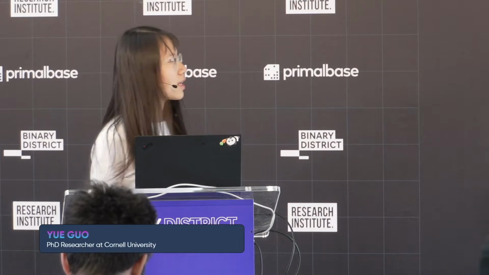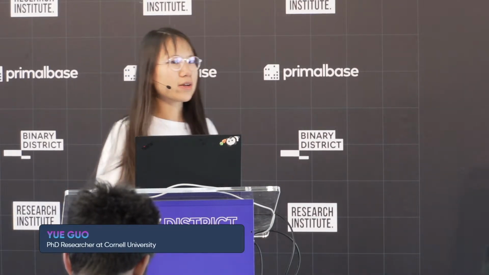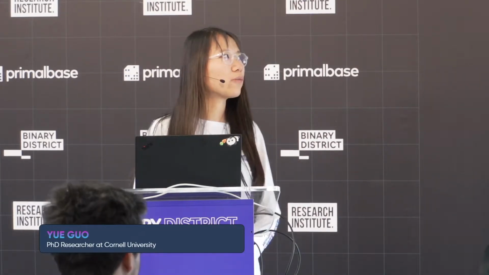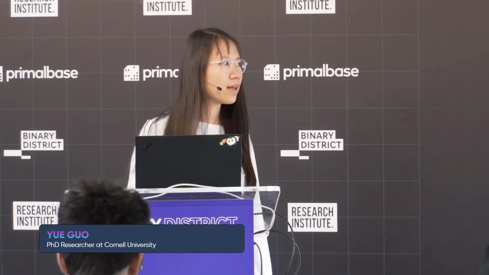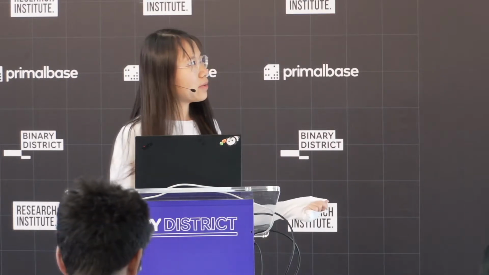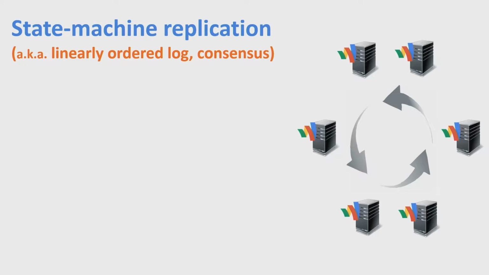Before talking about anything about Thunder, let me first recap the consensus goal for public blockchain systems. We call it state machine replication. The core value of public blockchain protocols like Bitcoin, Ethereum, or Thunder is to make participants agree on an ever-growing, linearly ordered log.